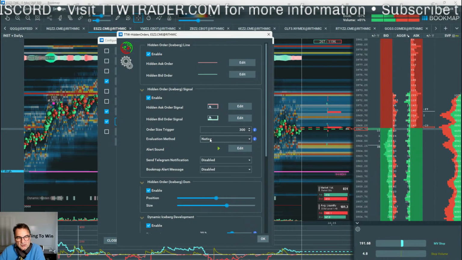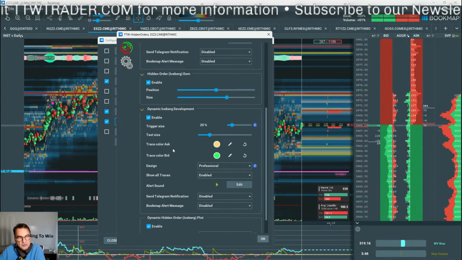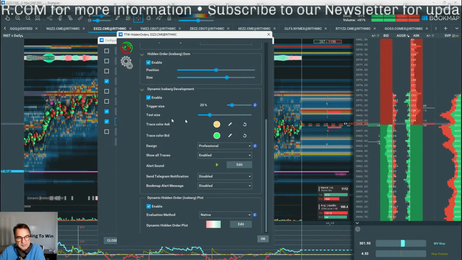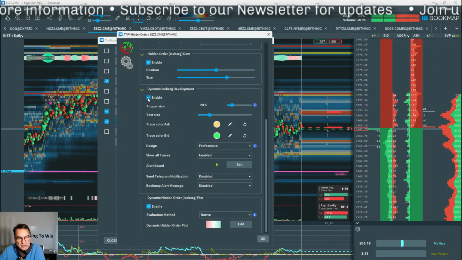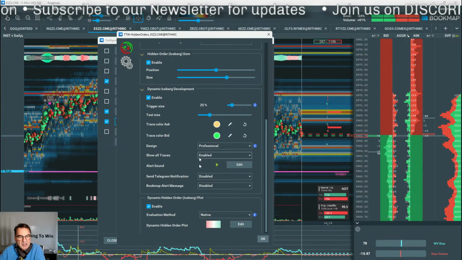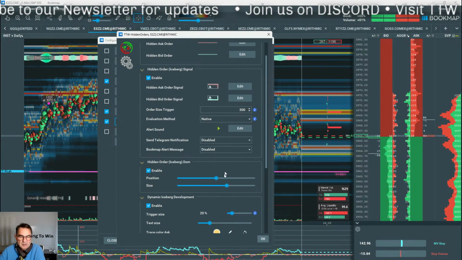I want just to see natives, and Spartan. If you have a look at the dynamic iceberg development settings, then you should enable that, and you should see every dynamic iceberg development if it happens with that size on your chart.